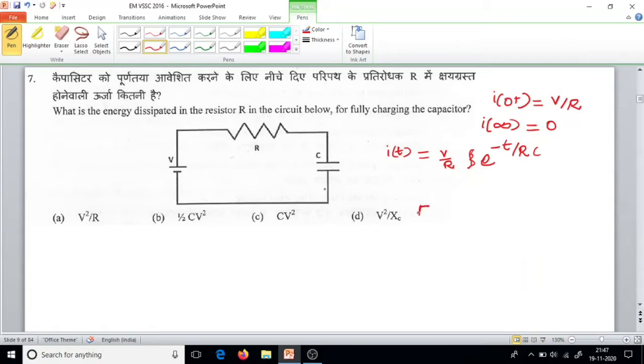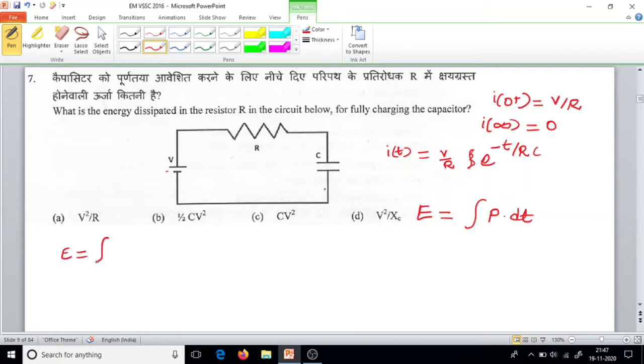We have to find the energy in the circuit. Energy equals the integration of power with respect to time. Now we will find the energy provided by the voltage source.